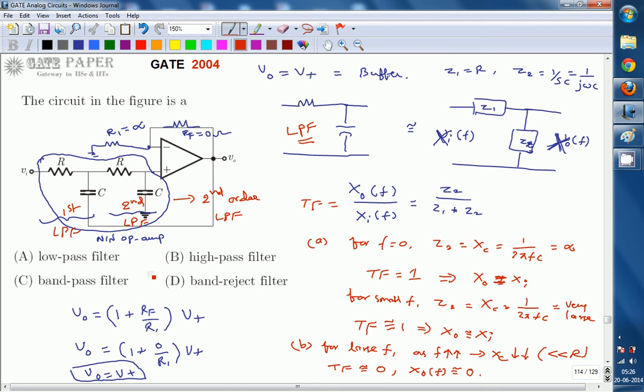So the output V plus is the output of the second order low pass filter. This circuit is simply acting as a low pass filter of second order. So the right answer for this question is A, low pass filter.